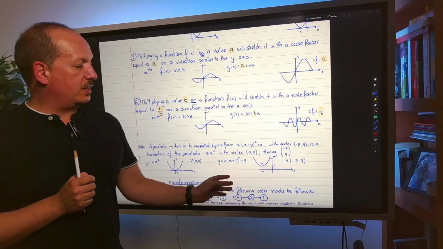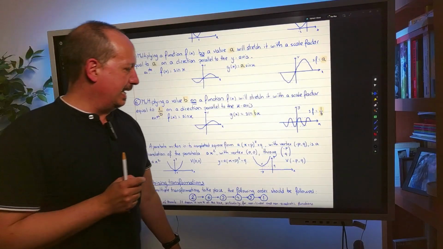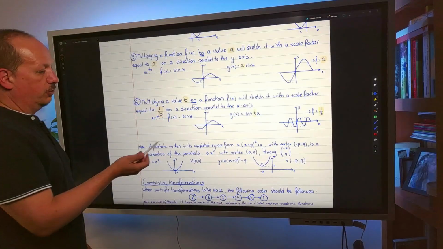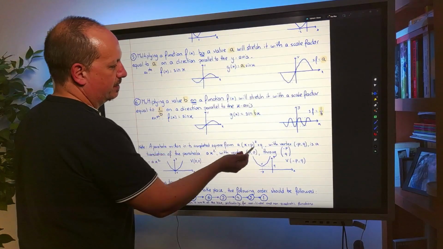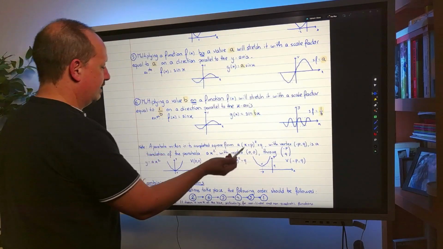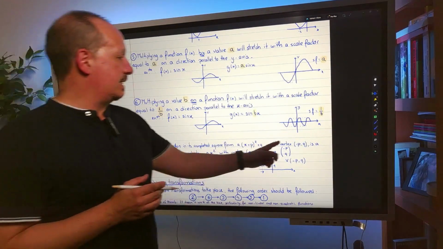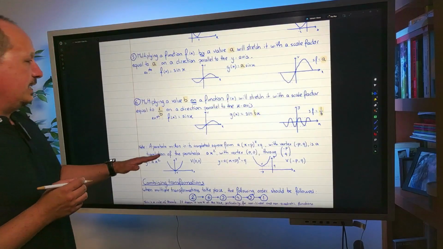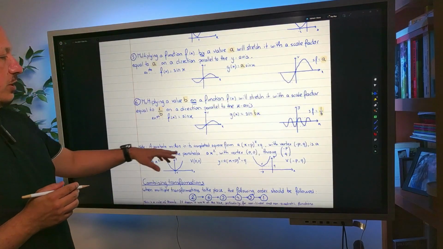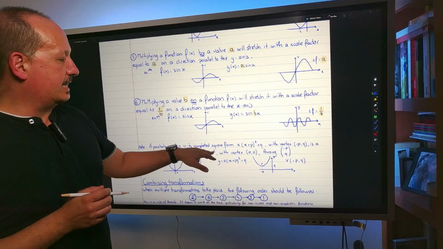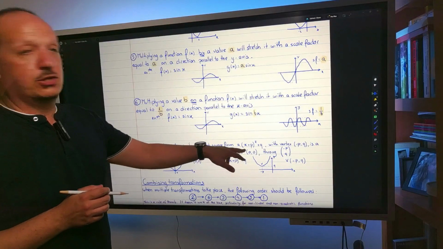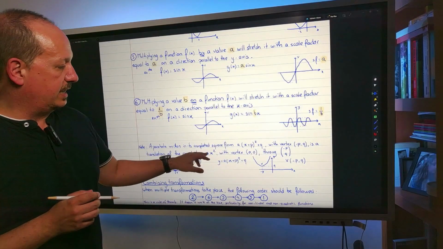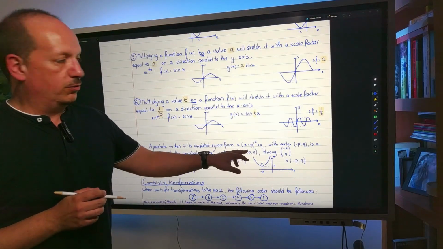Okay, so let's see a particular case that involves the completed square form again. If you have a function, a parabola written in its completed square form, something like this, then you know that the vertex is going to be minus p, q. You know this for a long time, right? And this will correspond to a translation of the parabola ax squared that starts with vertex in 0, 0, right? The vertex of any parabola that is just ax squared is 0, 0.